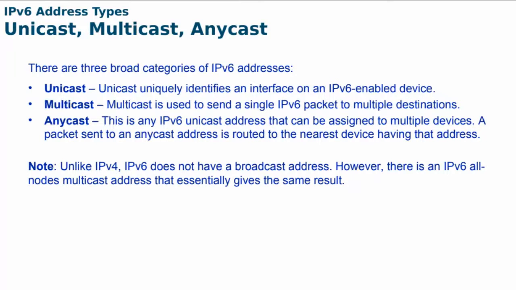Now in IP version 6 we have something called Anycast. We did not have this in IP version 4. Anycast is an IP version 6 unicast address that can be assigned to multiple devices. So a packet sent to an Anycast address is routed to the nearest device having that address.